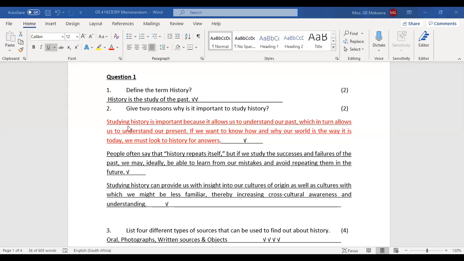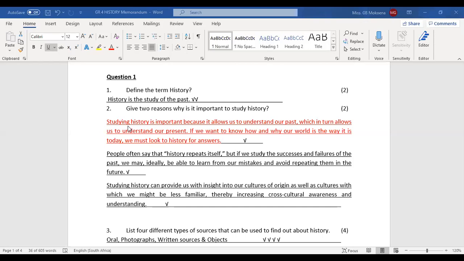Let's hear Zoe. Ma'am, when people say history repeats itself, they're saying that history is going to happen again. Like, for example, let's say someone did something wrong in the past, and then they do it again in the future.